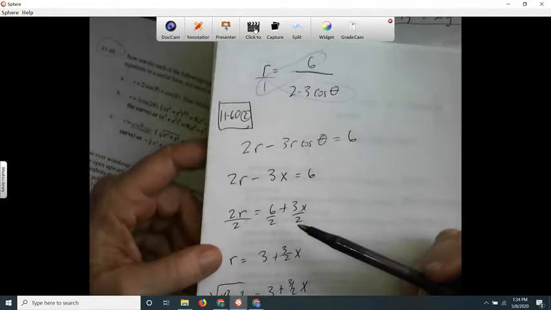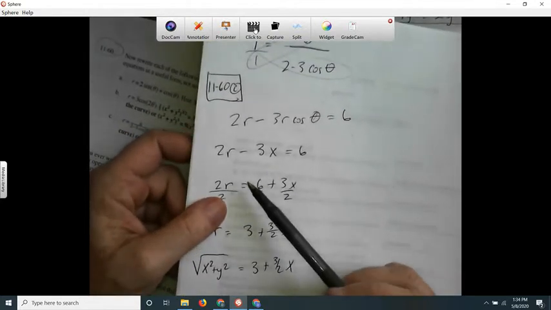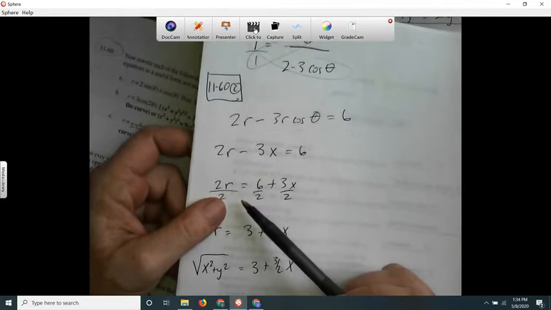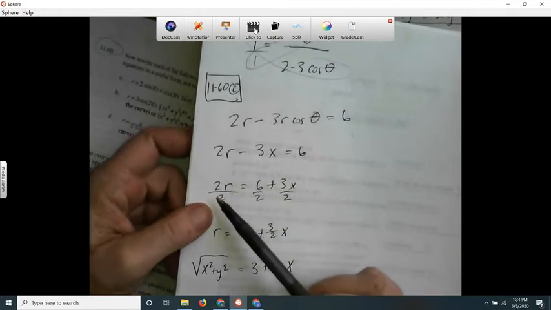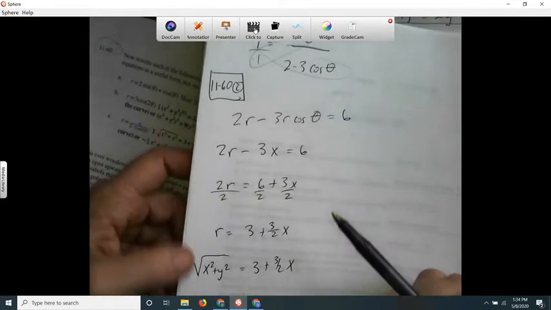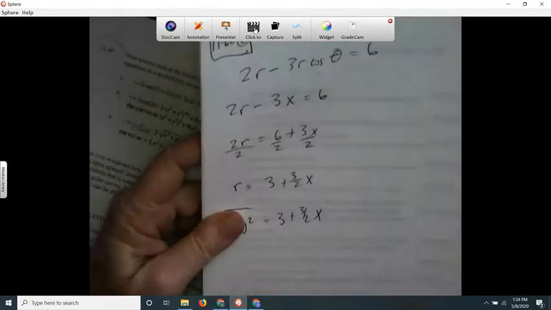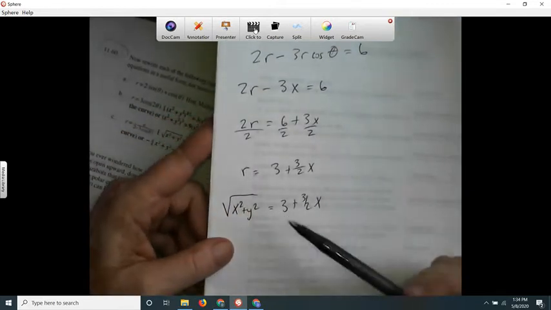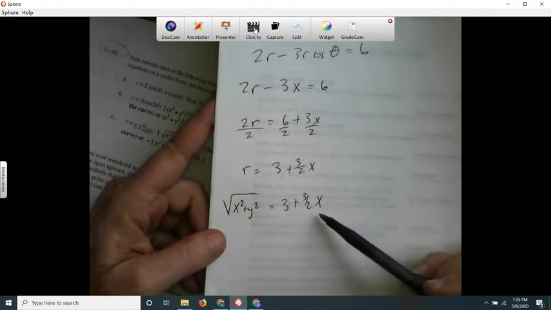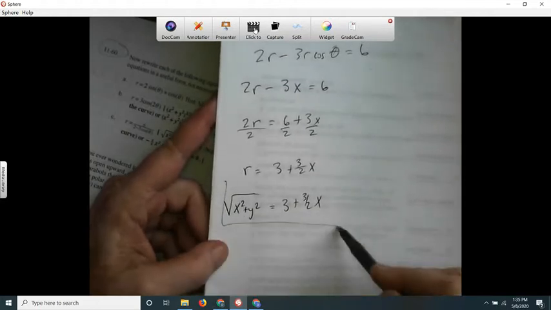Then I added the 3x on both sides and divided everything by 2 to get r by itself. And then I know that r is equal to the square root of x squared plus y squared. And so this is the answer.